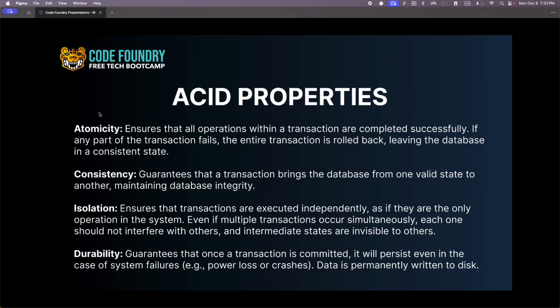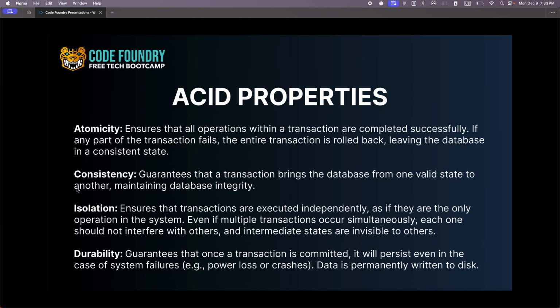So when it comes to ACID properties, we're talking about atomicity, which is ensuring that all operations within a transaction are completed successfully. And if any part fails, that will roll back the entire transaction, which means that the database will not be changing state willy-nilly.